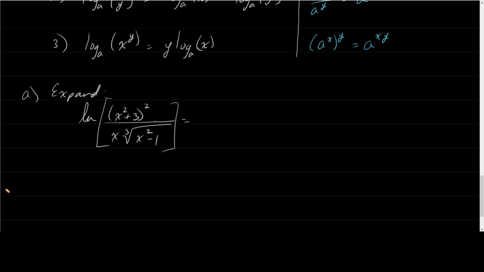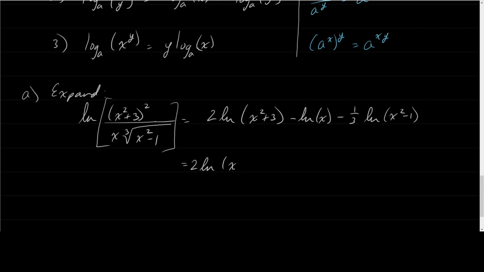All right. So in here, what we can say is this becomes 2 ln of x squared plus 3 minus ln of x minus 1/3 ln of x squared minus 1, which we can go ahead and rewrite as 2 ln of x squared plus 3 minus ln of x minus 1/3 ln of x plus 1 minus 1/3 ln of x minus 1.